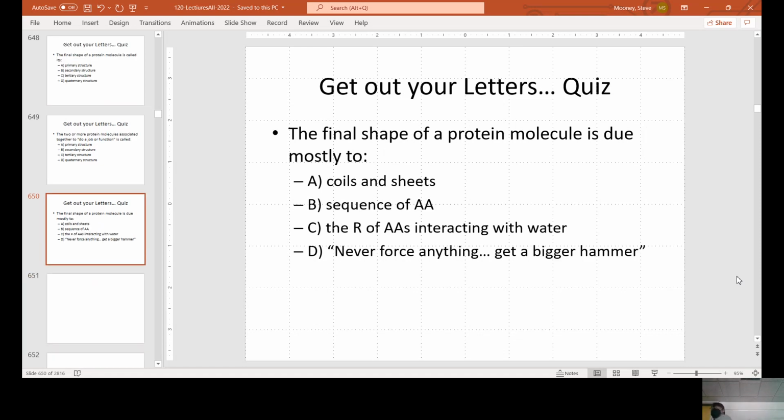Final shape of a protein molecule is due mostly to what? Coils and sheets, the sequence of amino acids, the R groups interacting with the water. Never force anything, get a bigger hammer.